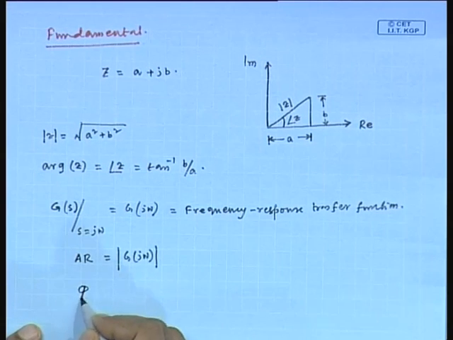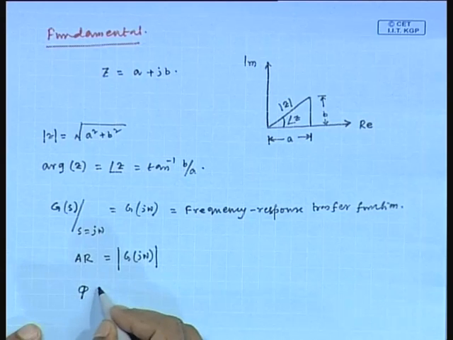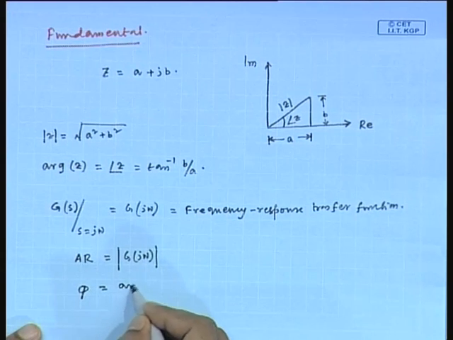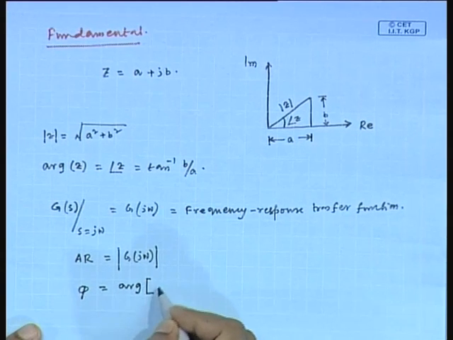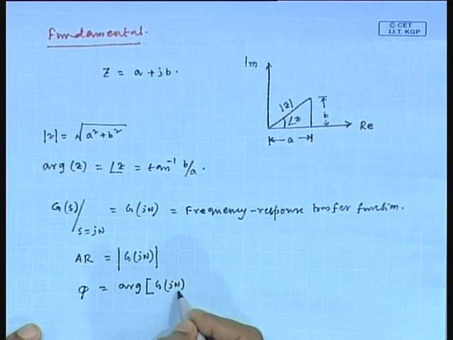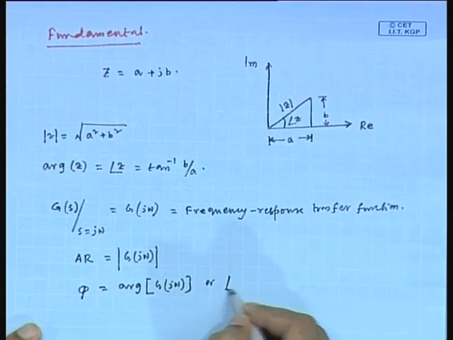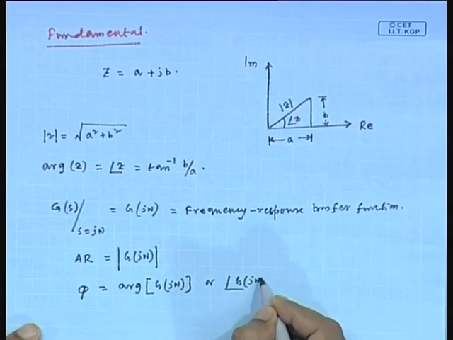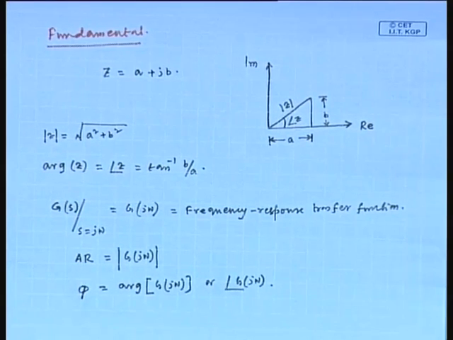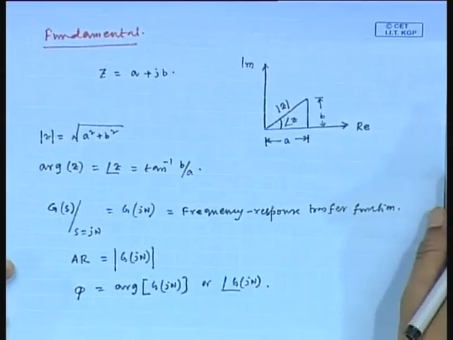Similarly, the phase angle phi is the argument of this frequency response transfer function. It can be represented by this notation, fine. So, this is the fundamental of frequency response result.